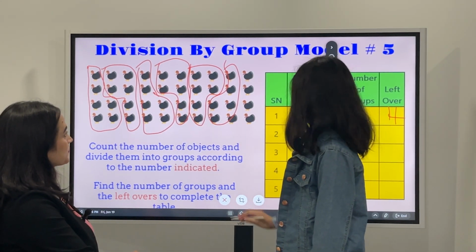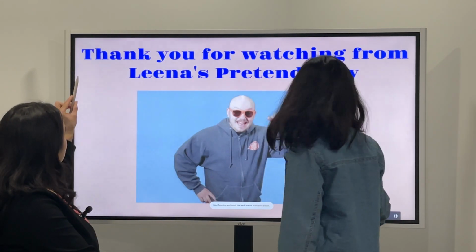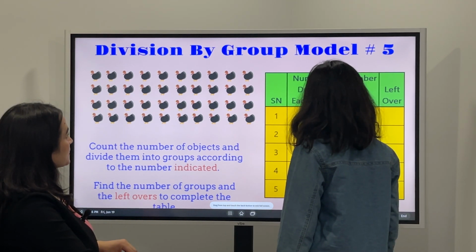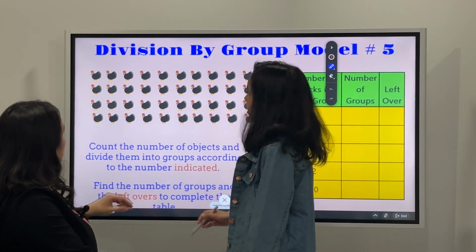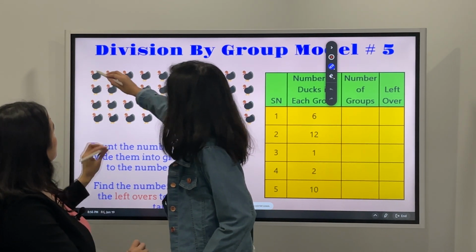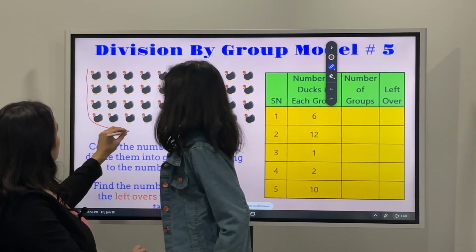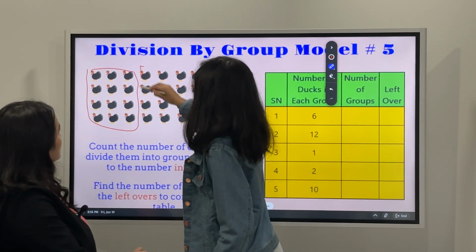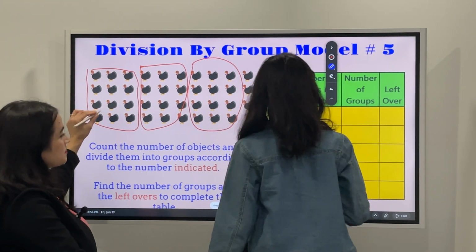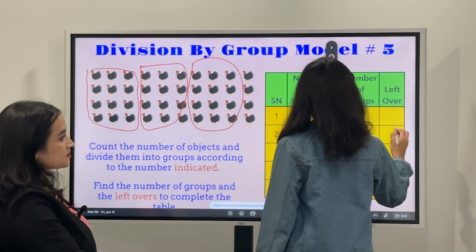Now do the 12. So 1, 2, 3, 4, 5, 6, 7, 8, 9, 10, 11, 12. So you have 3 groups and then 4 remaining.